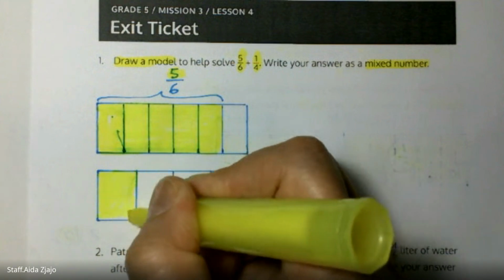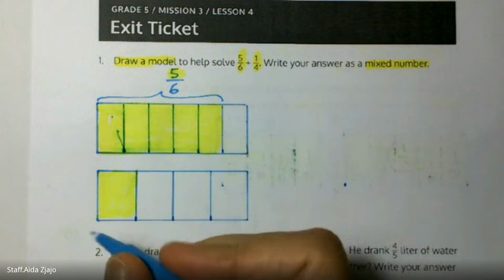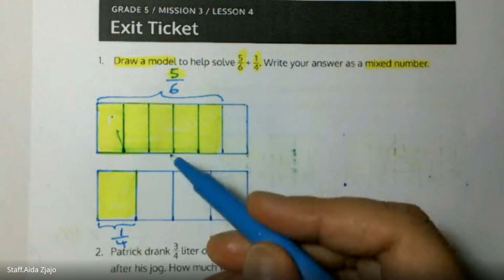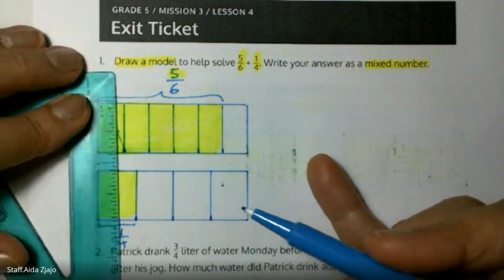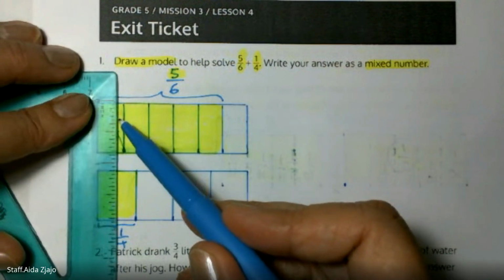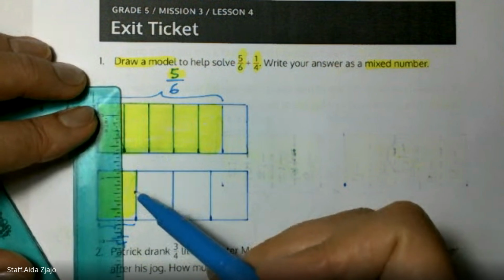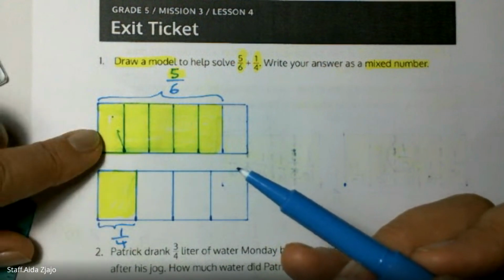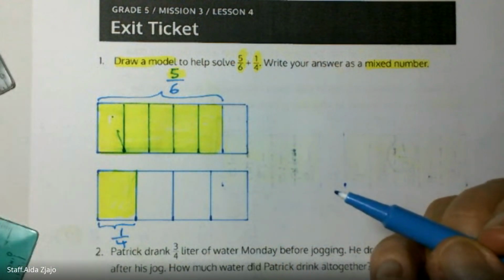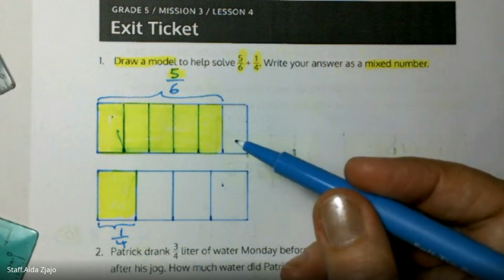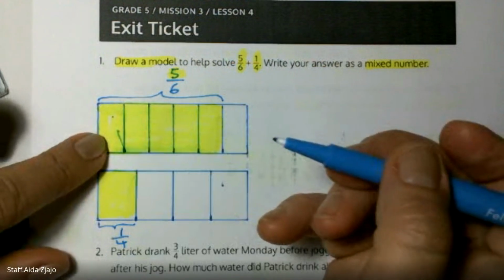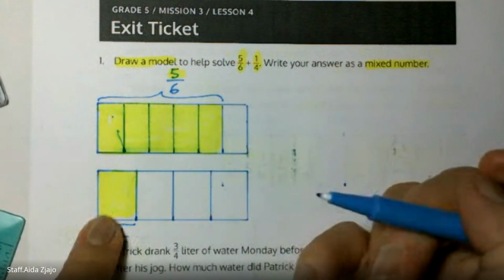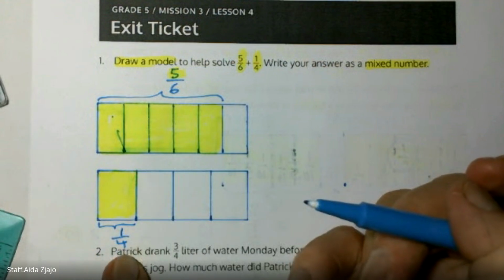This is 1/4, and it's bigger than 1/6. You can see that 1/6 is right here, and 1/4 is this. So 1/6 is much smaller than 1/4. You can think about this as sharing with 6 people or sharing this whole with 4 people.